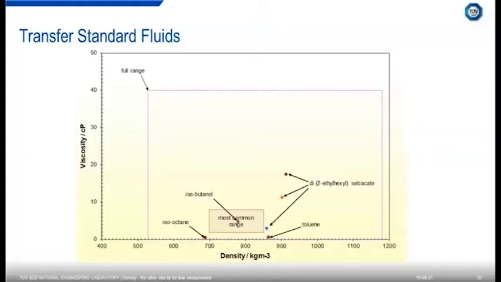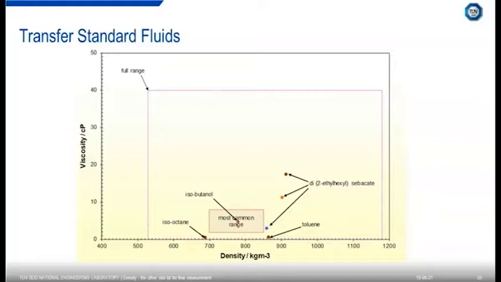And what we did when we started the joint industry project, we asked the sponsors, what range of conditions do your densitometers actually see in service in terms of, let's say, density and viscosity? And you can see there's an outer box full range covering from just over 500 kilogram per cubic meter up to just under 1200 kilogram per cubic meter, and viscosities from 1 up to 40 odd centipoise.